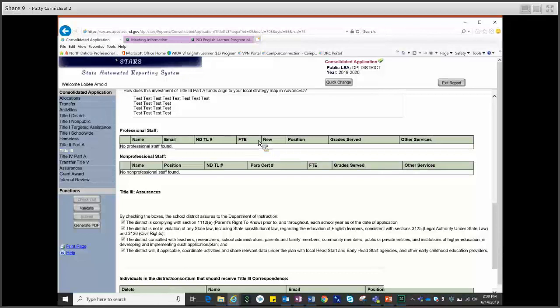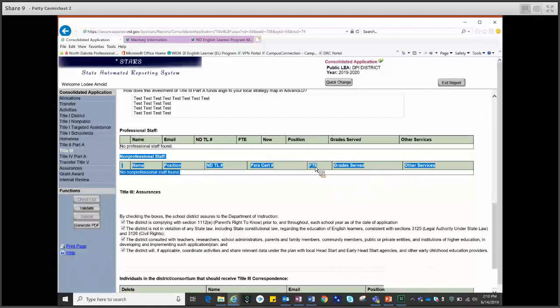Under FTE, you want to only put, this is full-time equivalent, you want to only put the amount of time that teacher is spending in Title III or being paid with Title III funds. So if they're a full-time teacher and they're a 1.0 FTE, so they're one full-time, but they're only getting paid with Title III funds for 50% of their time, their FTE will be a 0.5 in this section. We just want to know what's paid with Title III.